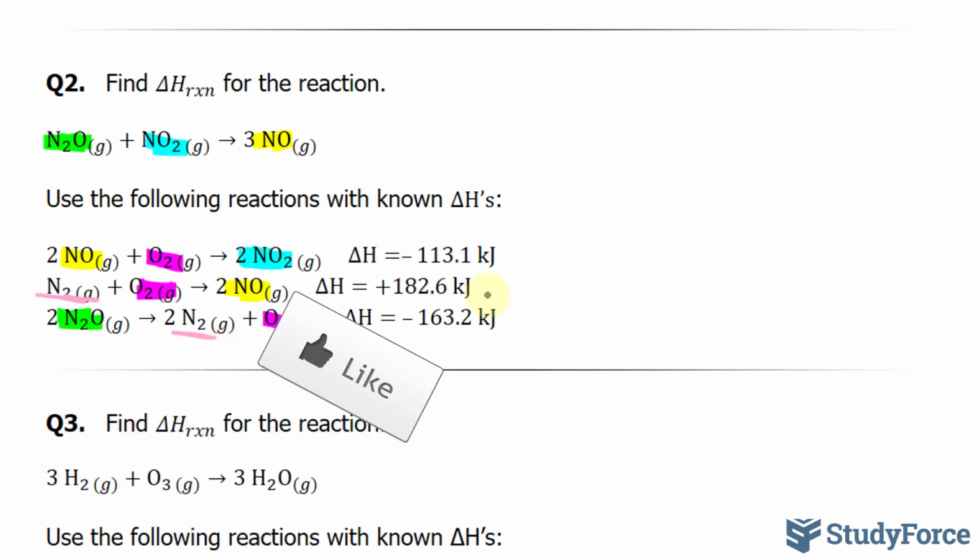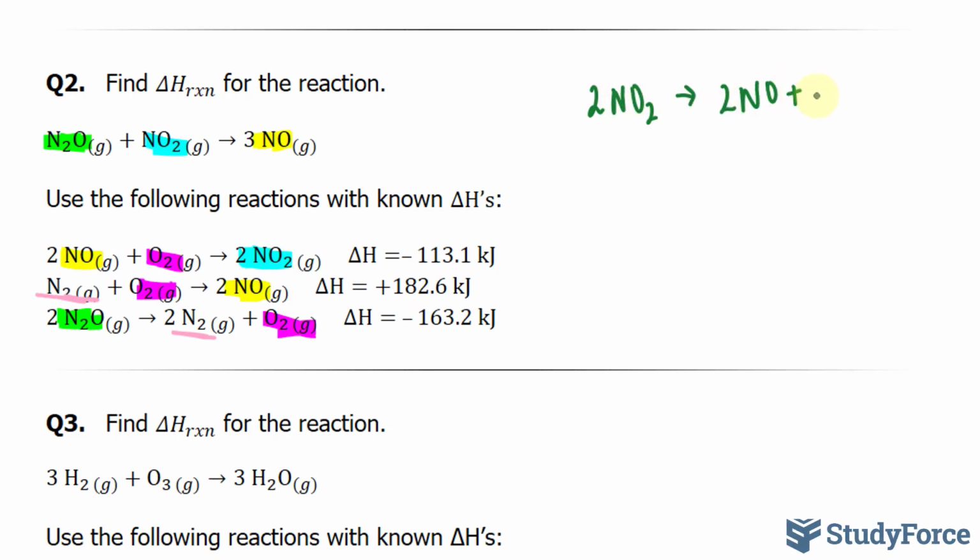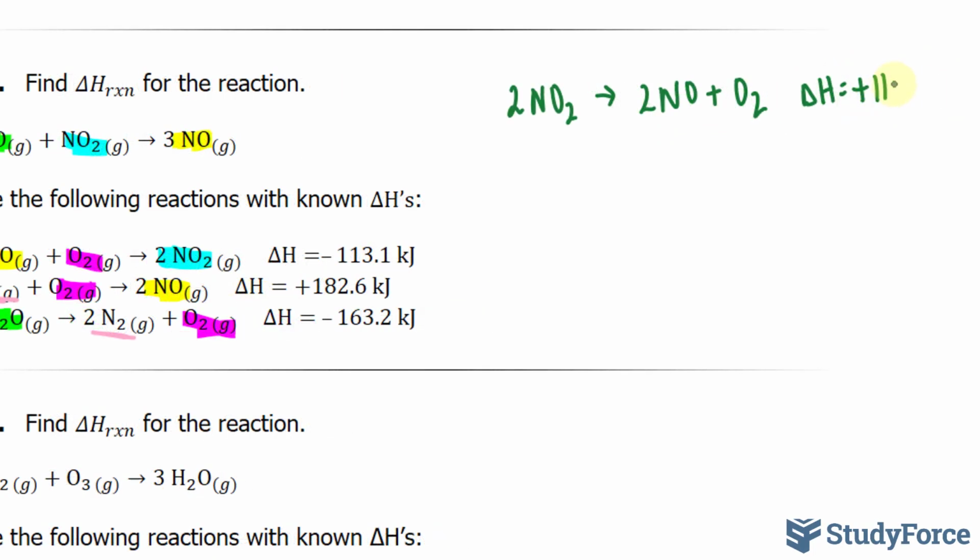NO2 is found in the first reaction, but it's on the right side of the reaction. It's one of the products. We need to make it one of the reactants. So I'll flip the following. And if I flip it, the sign changes from negative to positive, giving me 2NO2 yields 2NO plus O2, and this changes from negative to positive, plus 113.1.